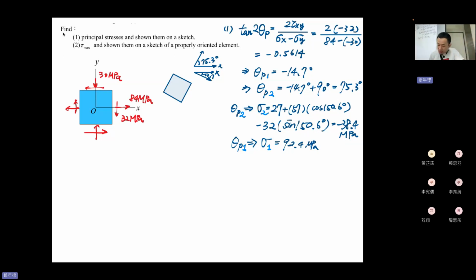Okay? And then luckily we see sigma P1 is at minus 14.7, which means that we have a tensile stress there. And this is 92.4 MPa.